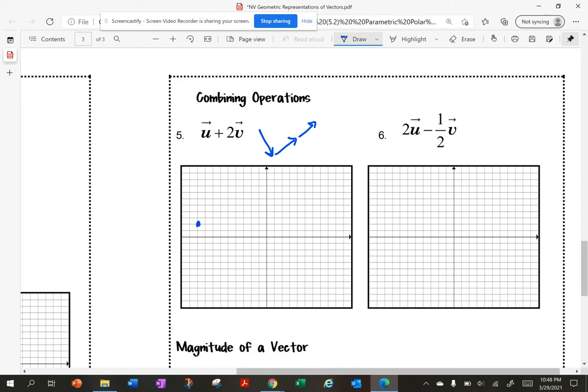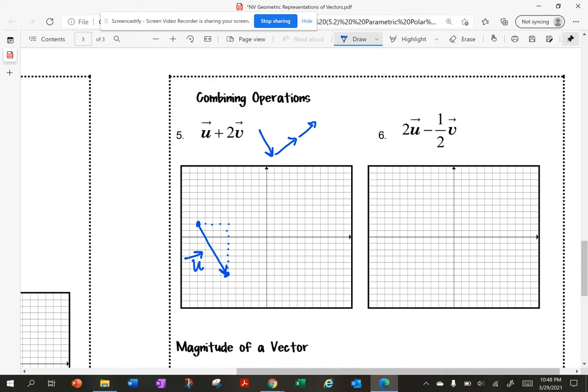So vector u is 4 to the right and 8 down. So 1, 2, 3, 4, 1, 2, 3, 4, 5, 6, 7, 8. So this is vector u. Oops, not minus u, just vector u.